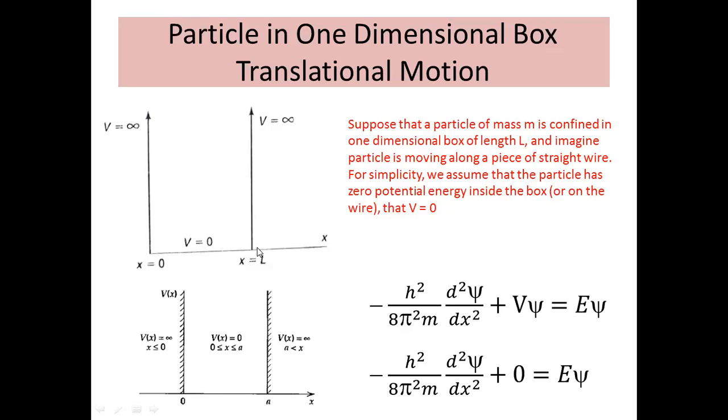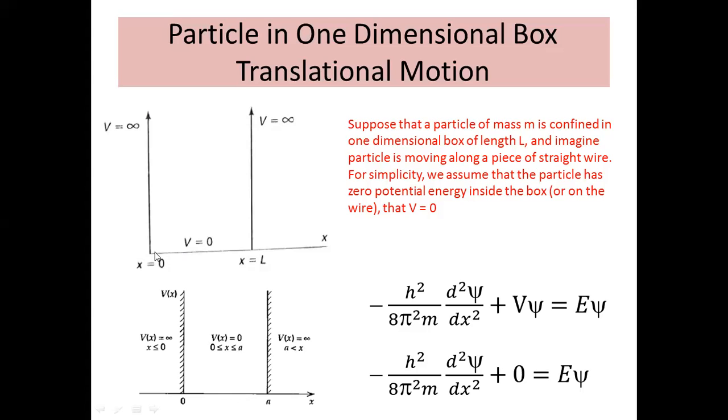And there are two important things to consider over here. Imagine the particle moving along a piece of straight wire, or in a one-dimensional box. For simplicity, we are going to assume that this particle, the electron with mass m, has zero potential energy inside the box.